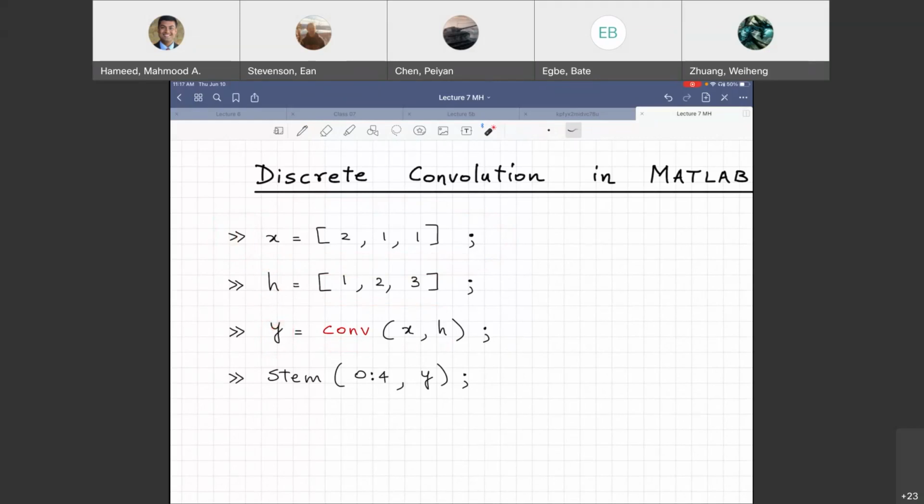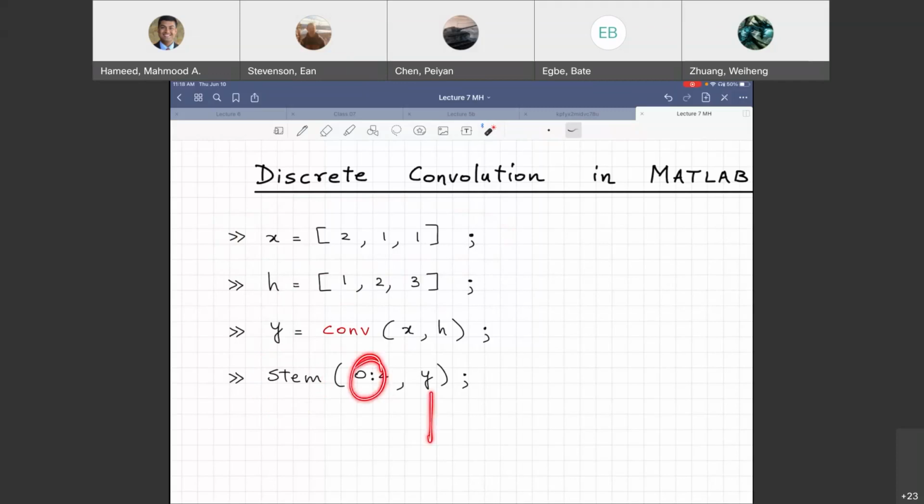Right away you get all those elements in Y. And when you actually want to view the signals, you can use the stem command to plot them out. Why am I using stem and not plot? Plot is applicable for continuous time signals because it will connect the dots, right? Over here, you want them to be just samples because you're talking about discrete convolution. So instead of plot, I'm using stem. On the x-axis, I have 0 through 4, which is 5 elements.